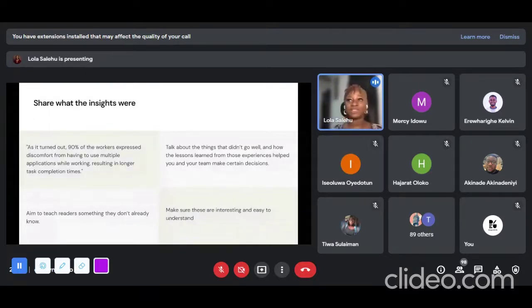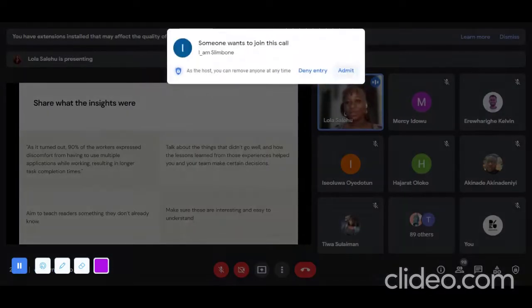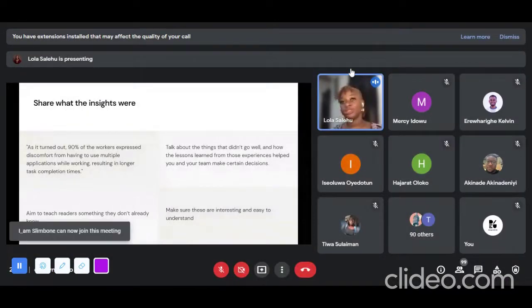If I want them to reach out to me, what's the one unique approach I can add to this case study that would actually make them reach out to me? So we want to aim to teach people what they don't already know, and provide valuable insights. Let someone go, oh, when they're reading a case study.